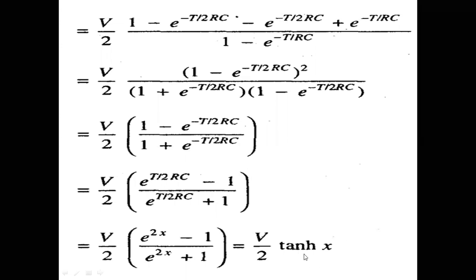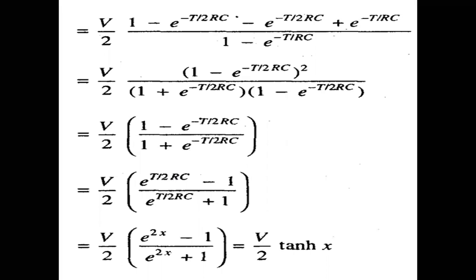We know the tanh x formula: tanh x is e power 2x minus 1 divided by e power 2x plus 1. Here x is t by 2 rc, and this may be represented in terms of 2x.